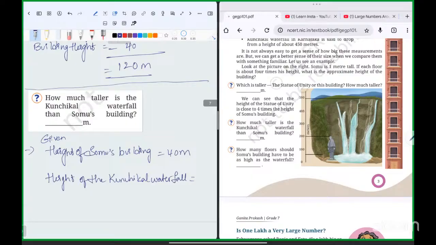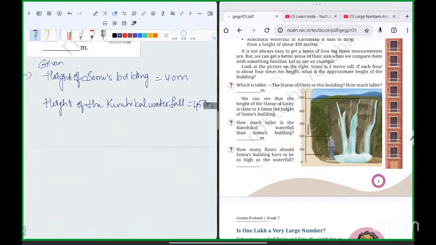The height of the Kunchikal waterfall in general is 450 meters, which is the real height of the waterfall. And we now need to compare it with the height of Somo's building.